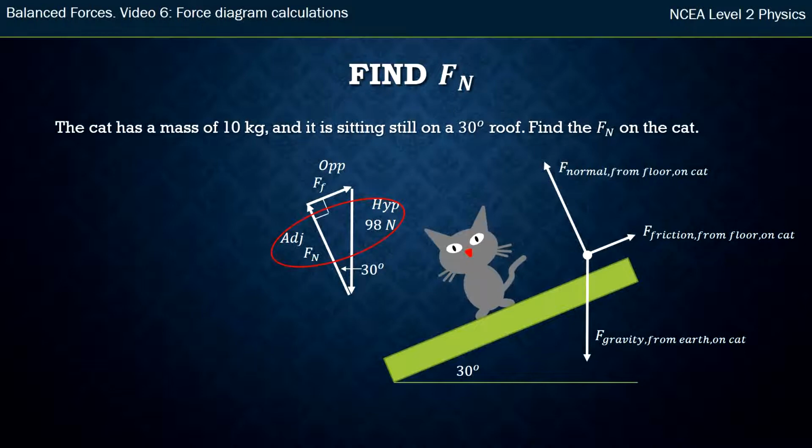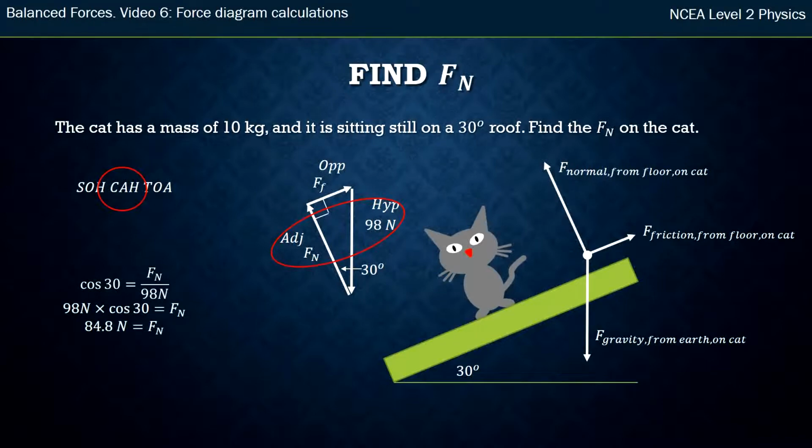I always have to write down the little rhyme SOHCAHTOA, because I'll forget it otherwise. Adjacent and hypotenuse goes with CAH, which is cos. So cos 30 is adjacent over hypotenuse, which is the normal force over 98 newtons. Rearrange that to find the normal force, and you get 84.8 newtons for that one.